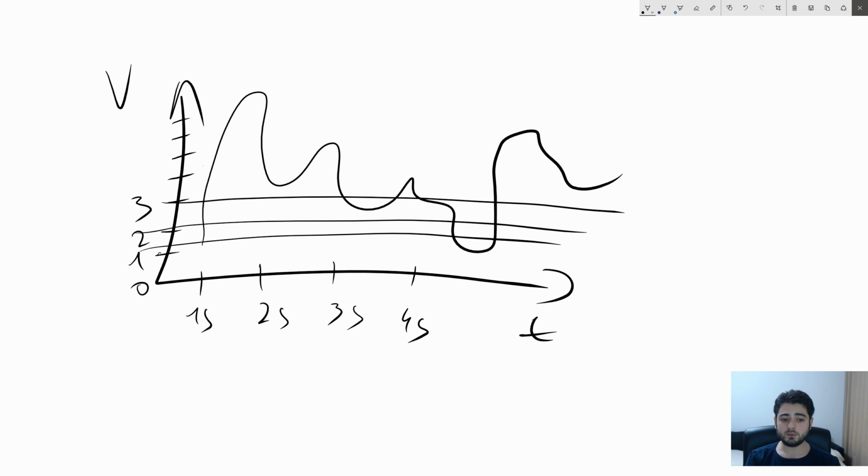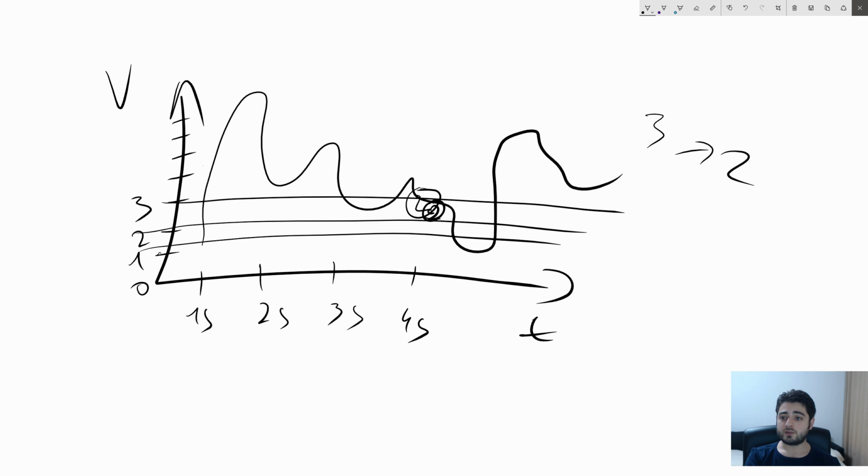So in the 4th second, we want to measure this information over here, so it should be a 3. But something happened, there was a construction or something, or for some reason the signal was weaker, and then it just flicked into here, and now all of a sudden it looks like a 2. So all of a sudden a 3 became a 2.